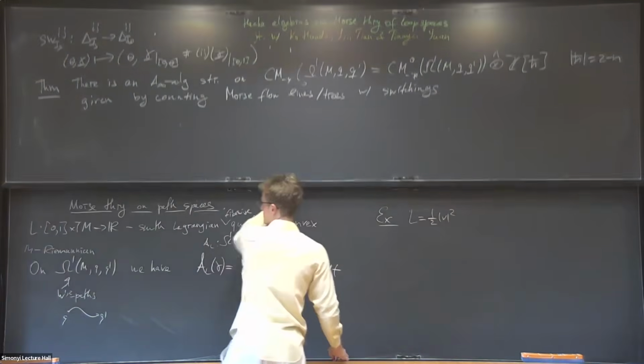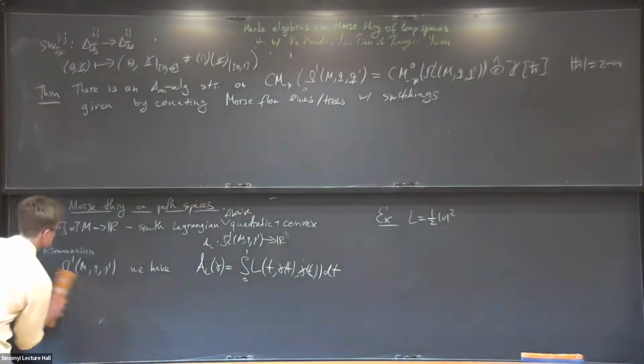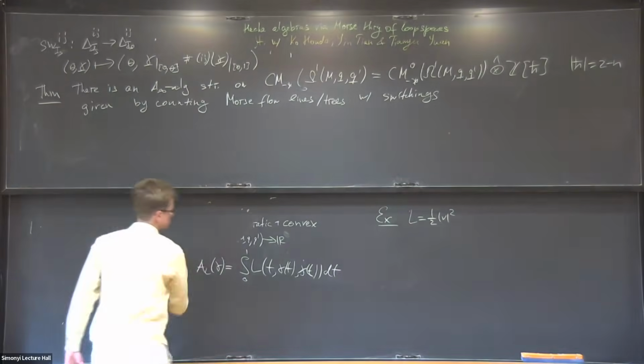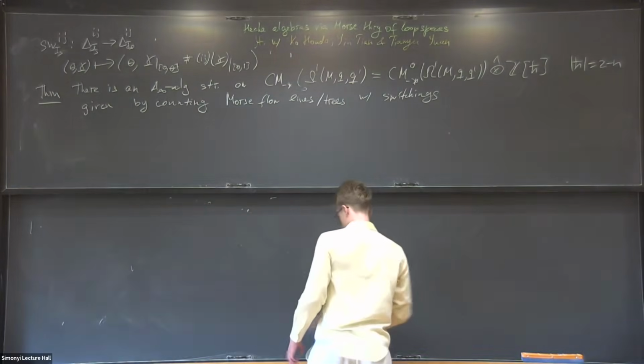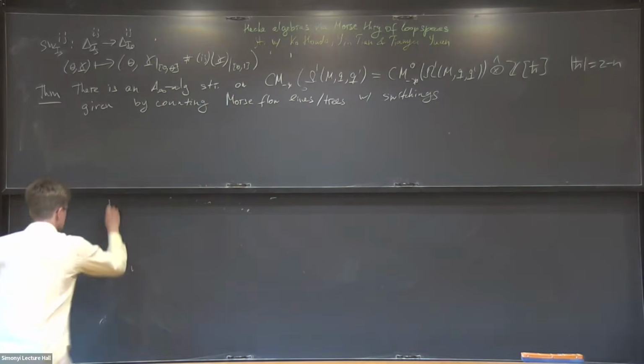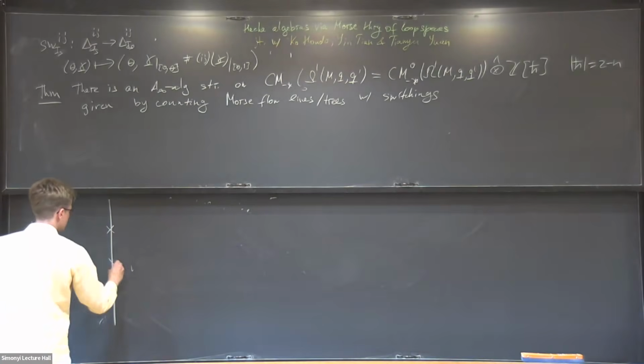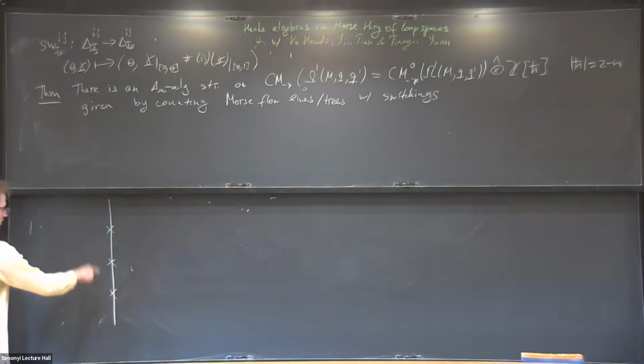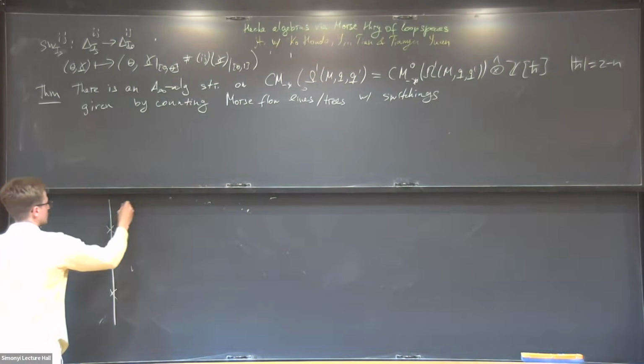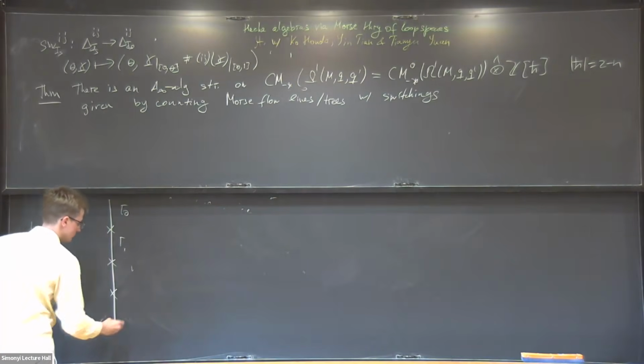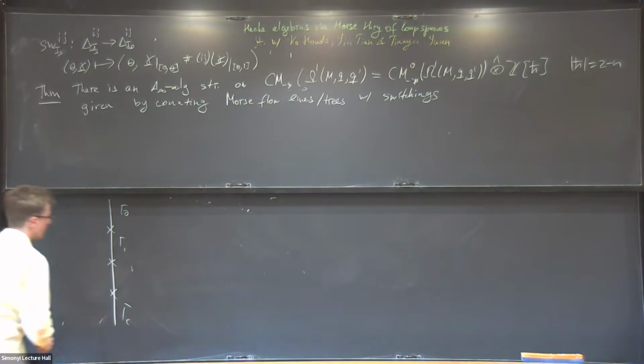I'll just draw a picture here. You may have some kind of trajectory like this, and these places are where you intersect with this diagonal.